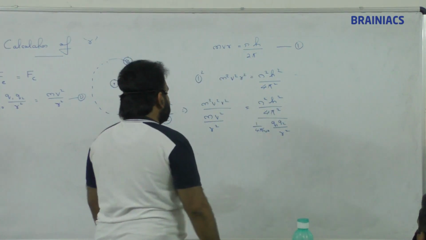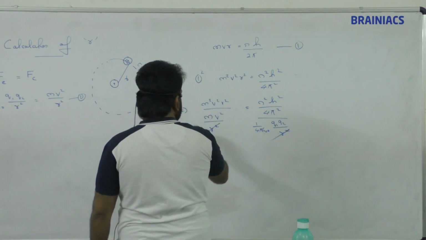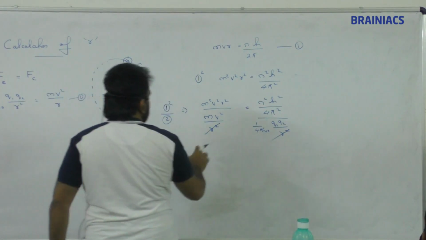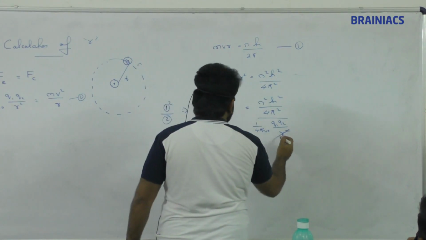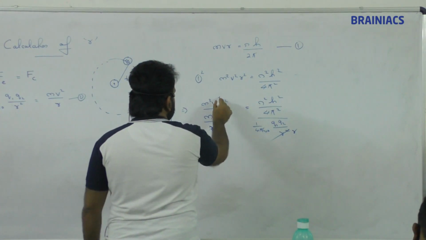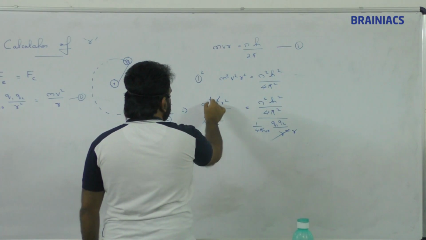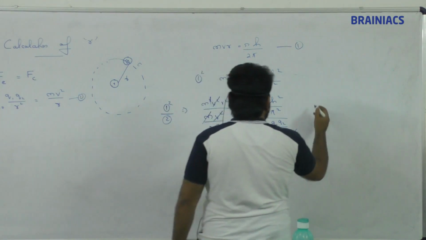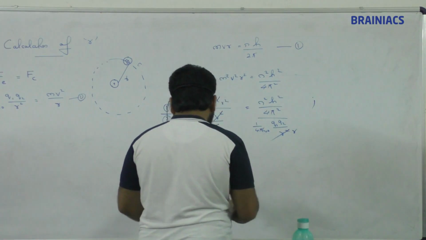This r square will become r. Then v square cancels, m cancels.